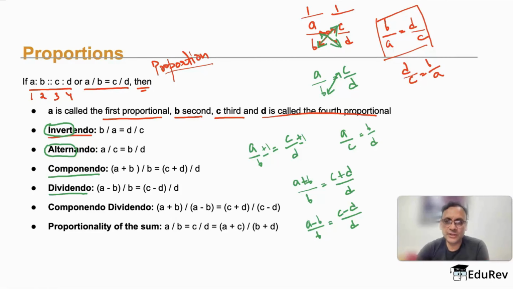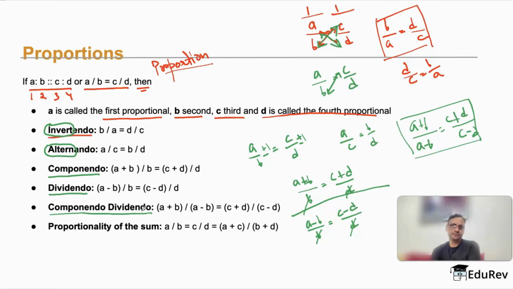And if you divide componendo by dividendo, B will cancel, D will get cancelled, and what you get is A plus B upon A minus B is equal to C plus D upon C minus D. This is a very important and useful derivation, and this is called componendo dividendo.